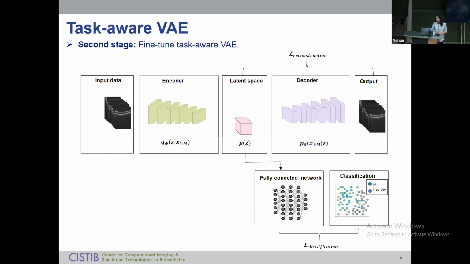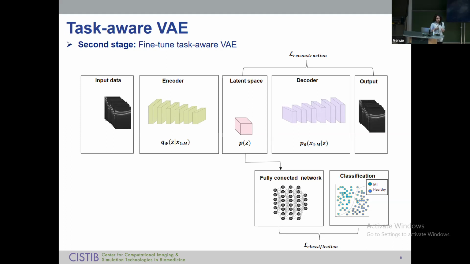The second stage comprises two parts. The first one is the self-supervised feature extractor, whose architecture is the same as I showed you in the first stage. And here we have an additional fully connected classifier, which I'm going to explain in a moment.